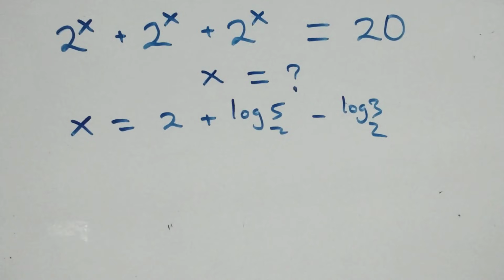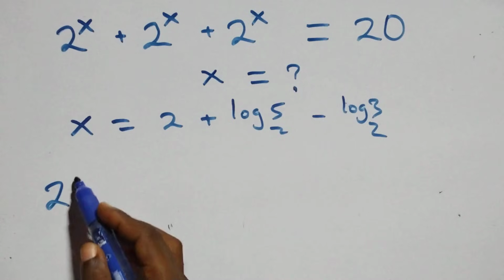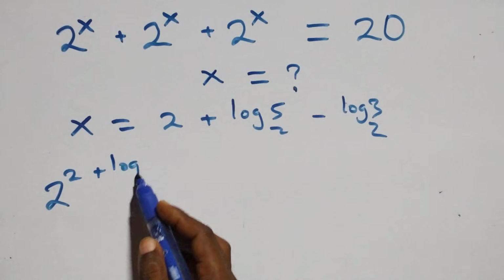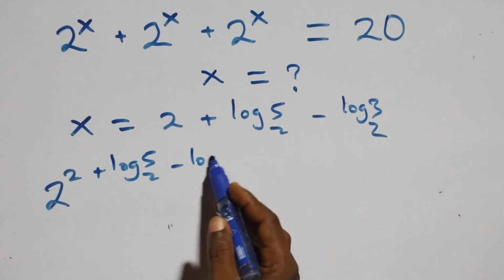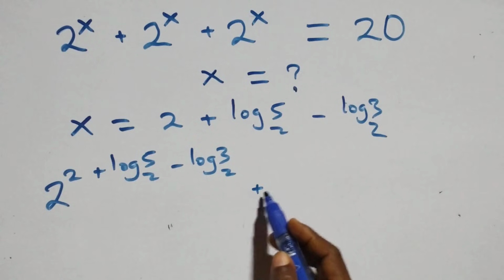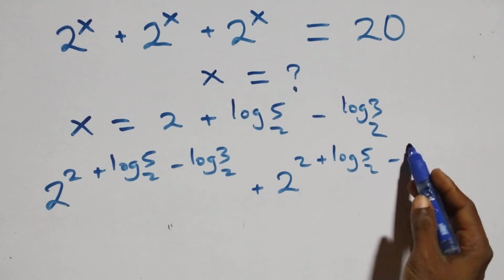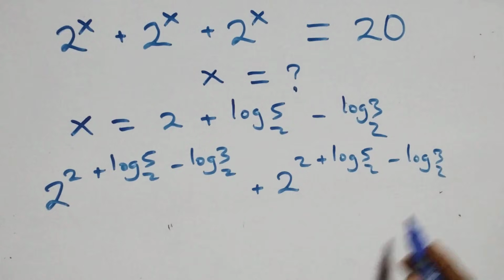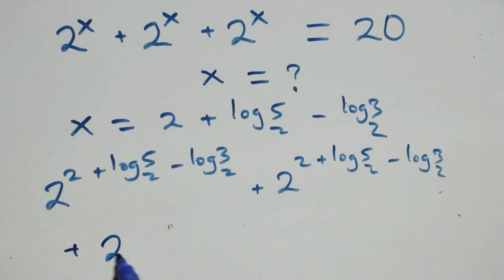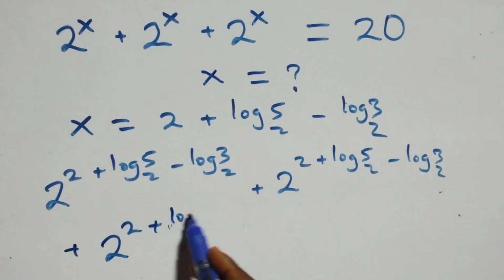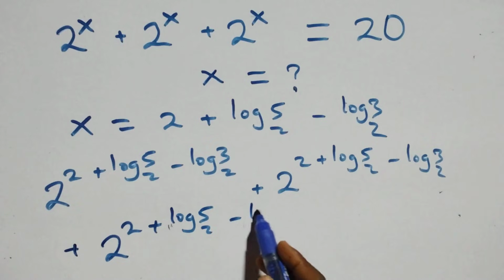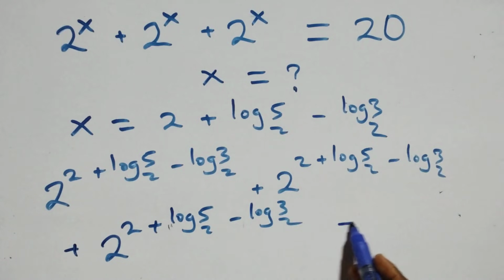That is, what we have here becomes 2 raised to power 2 plus log 5 base 2 minus log 3 base 2, plus 2 raised to power 2 plus log 5 base 2 minus log 3 base 2, also plus 2 raised to power 2 plus log 5 base 2 minus log 3 base 2, equals 20 on this side.